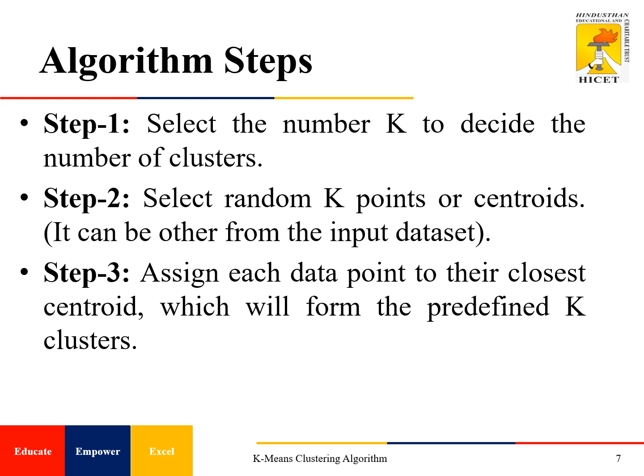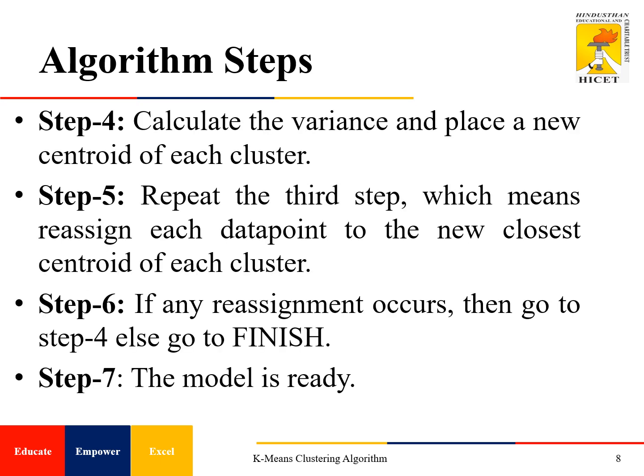After that, each data point is added to the closest centroid. The centroid comes from the K. Then calculate the variance and place the new centroid for each cluster. After that, repeat the third step, that is, adding the data points to the nearest centroid. Finally, if any data point is still not covered, repeat the steps; otherwise the model is ready.